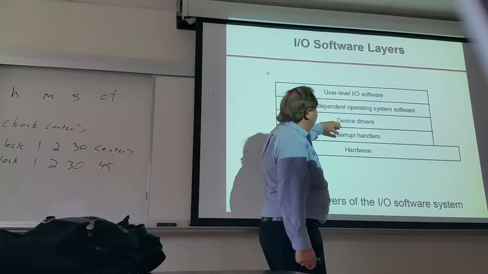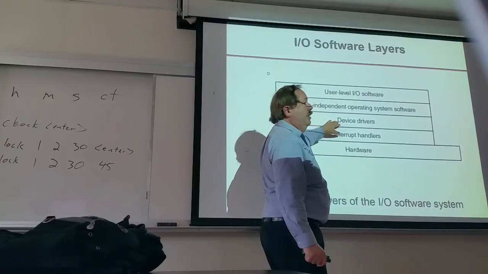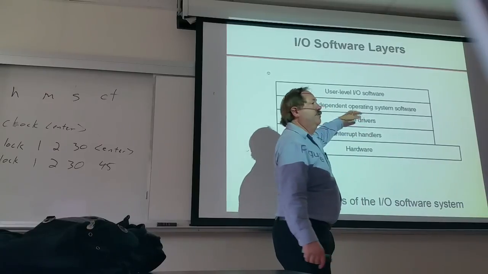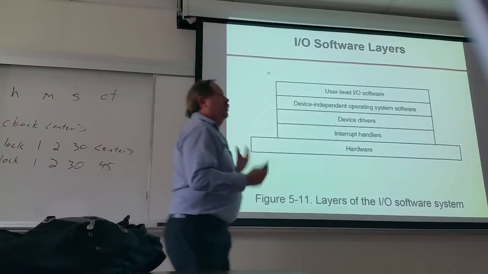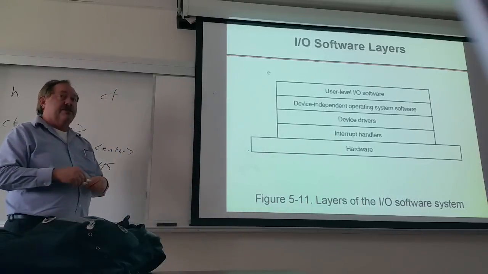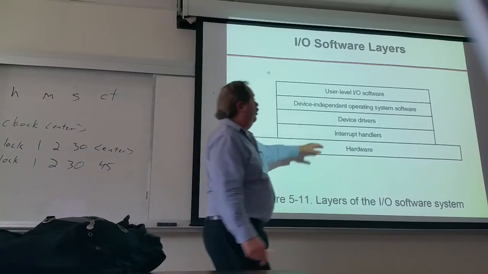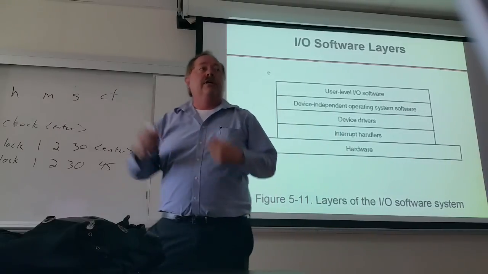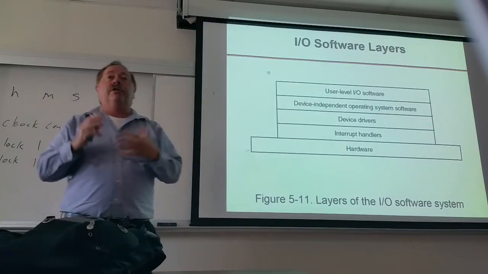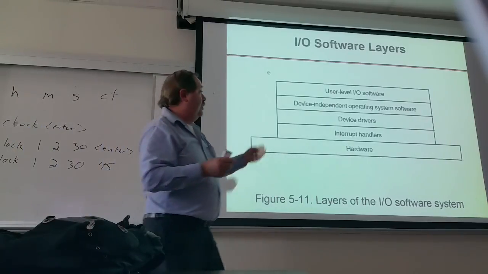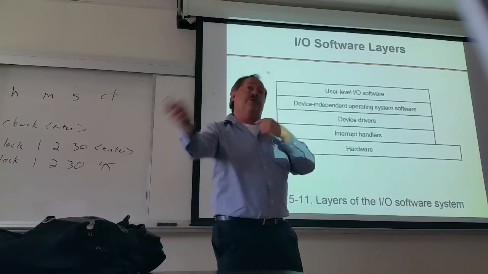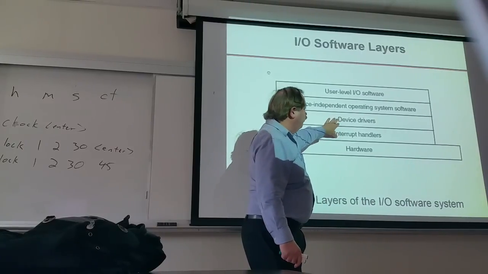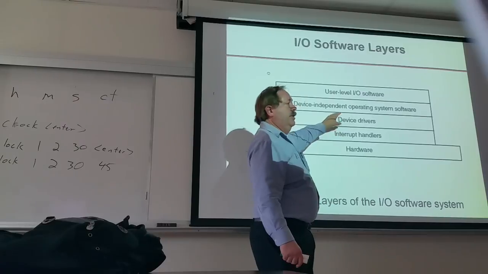On top of that, then we have this class of work that we call device drivers, which knows all about the specific details of this particular I/O device. For example, if it was a hard disk system, this device driver would know that not only is it a hard disk, which means that it has rotating stuff, it has heads that it has to position, it has different ways of forming addresses, its signals for doing the handshake as well as the data transfers are different, and all the things it needs to know about that hard disk.